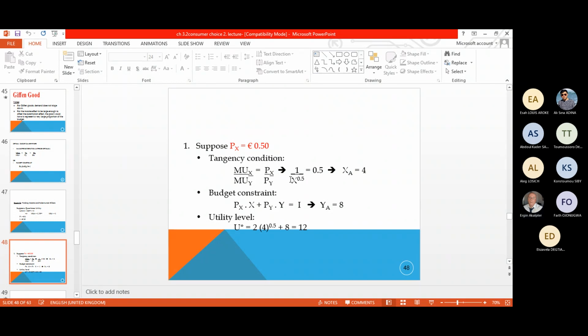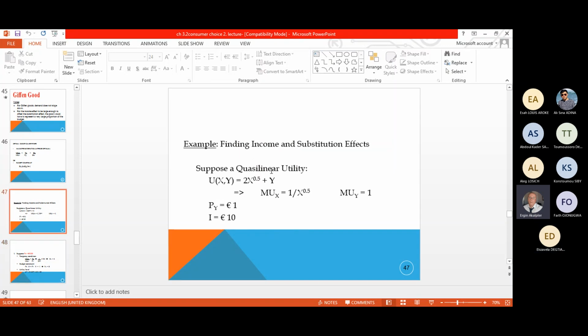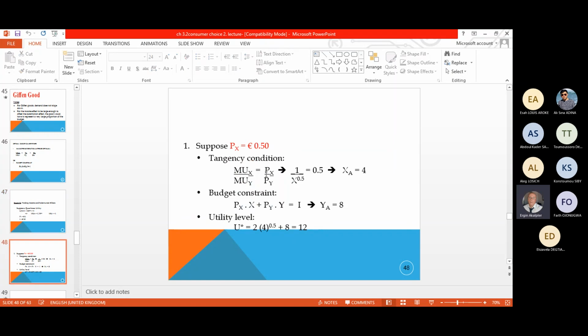You understand? X to the power of 0.5 means x square root. So 1 over square root of x is equal to 0.5, because px is 0.5 and py is given as 1. Therefore, you don't have to write 1 here again.